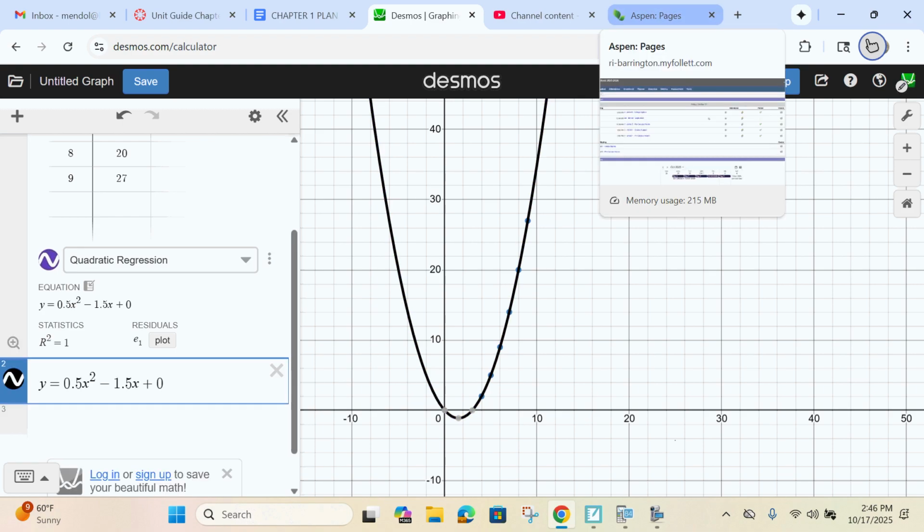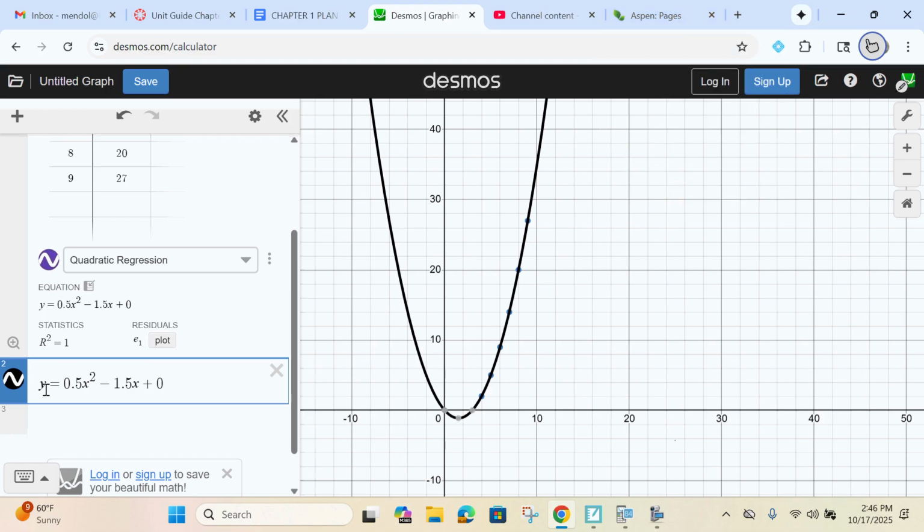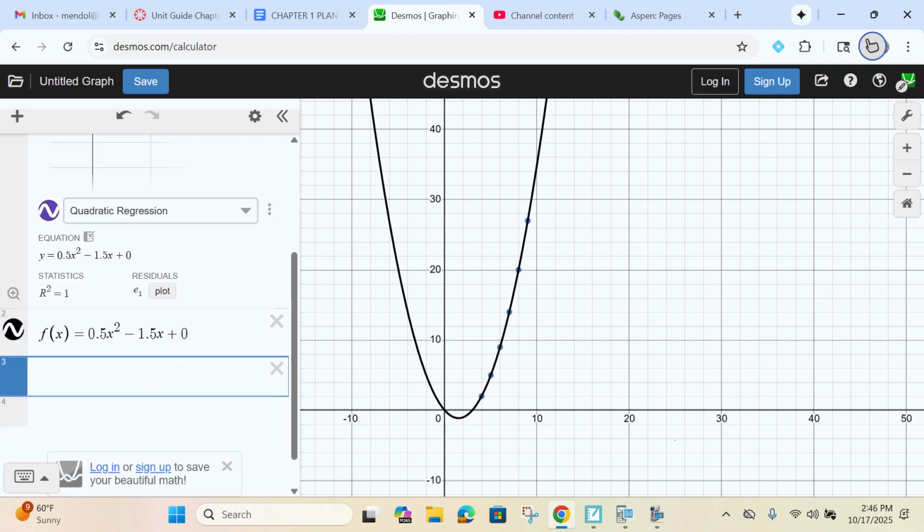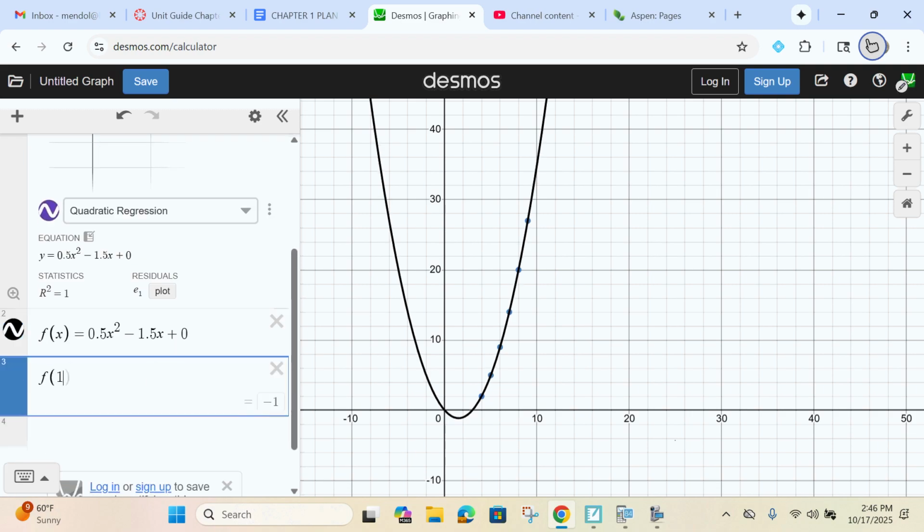If you change that y to an f of x, and then you say you want f of 100, that's how you can predict 4,850.